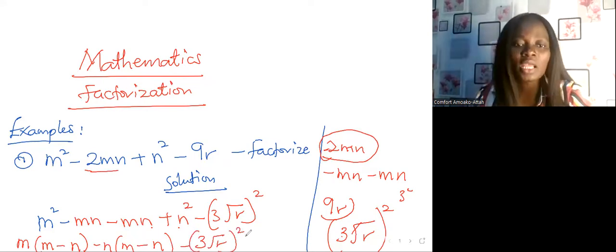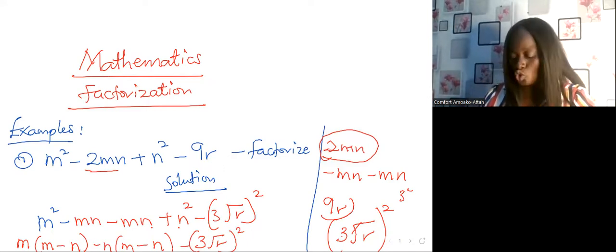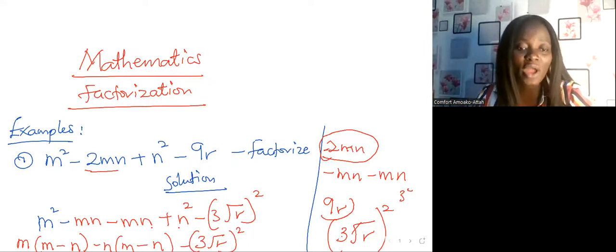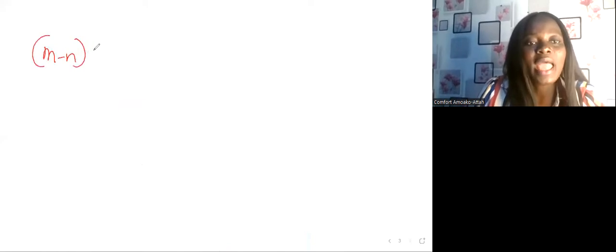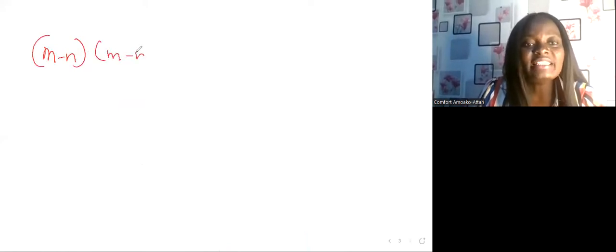Great. Now, looking at the two brackets, are they the same? Yes, they are the same. So what do we do? I'll pick one of those inside the bracket and one of those inside the bracket.